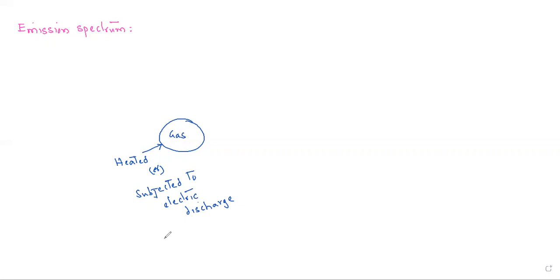I told you what a discharge tube is when we discussed the discovery of the electron. By taking the gas in the discharge tube, if it is subjected to electric discharge, or simply when the gas is heated, when heat energy is supplied or electrical energy is supplied, see what happens.